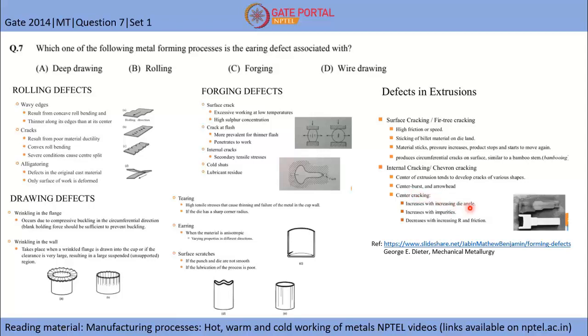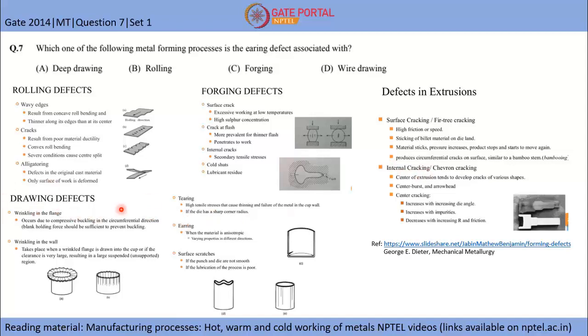So you have to have a die with a low angle, so that the reduction is gradual, not drastic. It also increases with impurities. Let's say I have a material with a lot of impurities, then these impurities act as crack generating sites. Hence, if asked in GATE what the defects in extrusion are, you should know fir tree cracking, which is basically surface cracking, and chevron cracking, which is basically internal cracking.